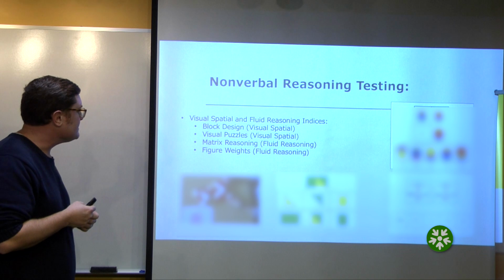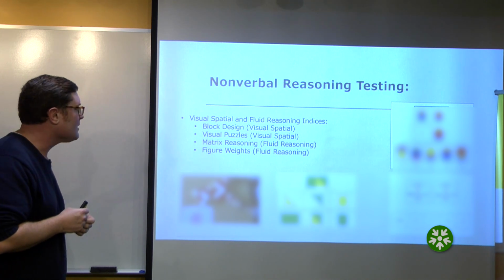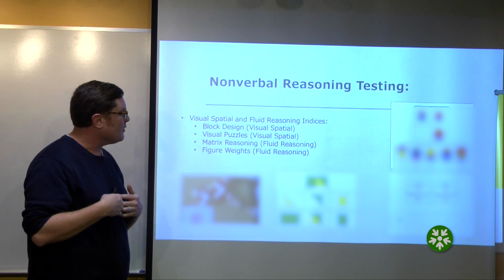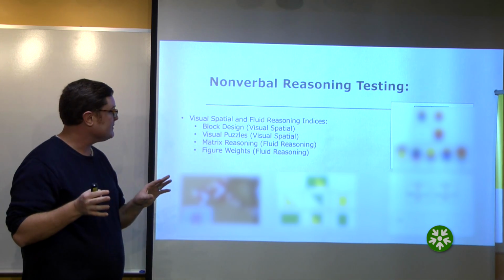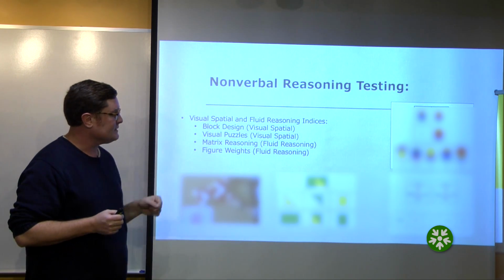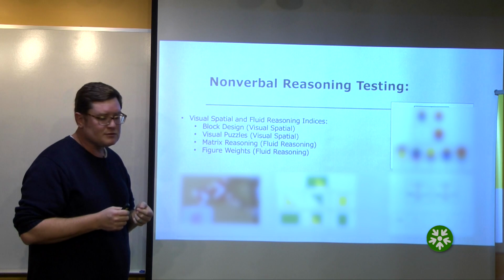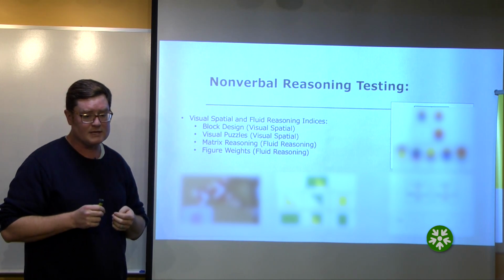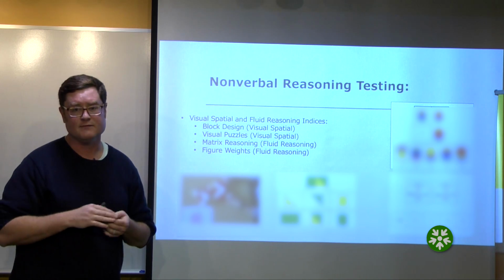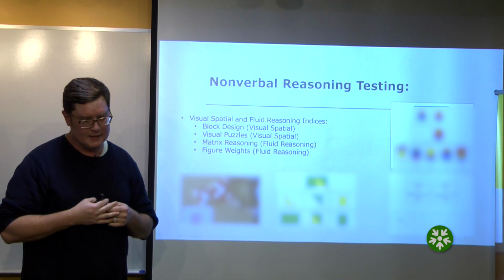These are some common nonverbal reasoning subtests. On the WISC, it's split up into 2 different areas: visual spatial areas and fluid reasoning areas. The visual spatial areas look at a child's ability to evaluate visual details and understand visual spatial relationships.